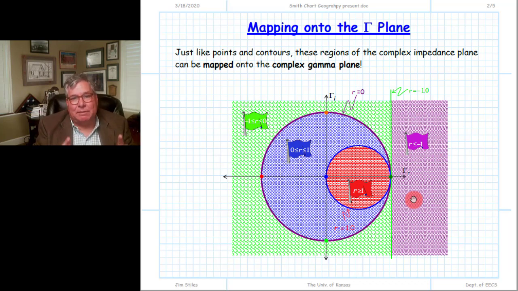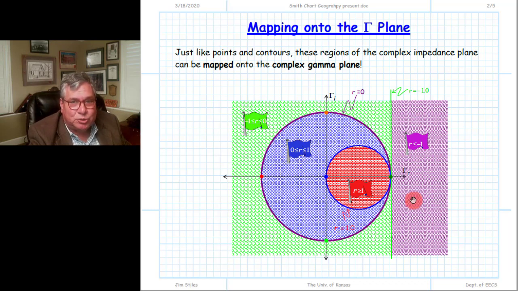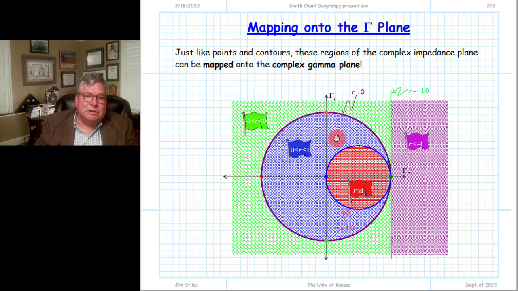The valid region of the complex gamma plane is the unit circle, and what we find are those two regions, in fact, do reside completely in that unit circle. R greater than 1 is inside completely the unit circle, and the remainder of the region inside the unit circle is for the blue region, where R is between 0 and 1.